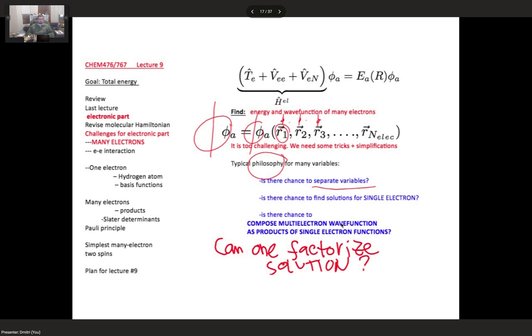Okay, so it will be not a big intrigue and wonder that our goal is to factorize the solution, practice separation of variables, if it is possible. It is clear that with this Hamiltonian, it is not possible.